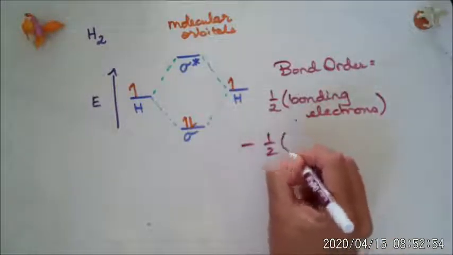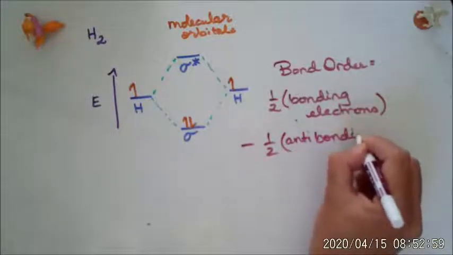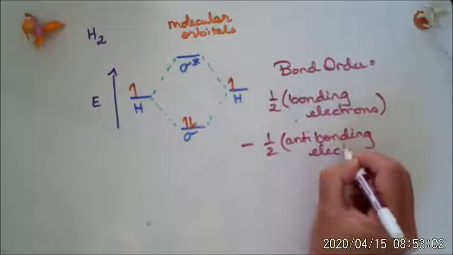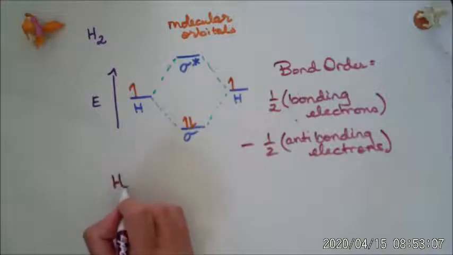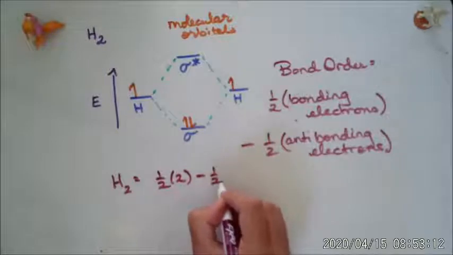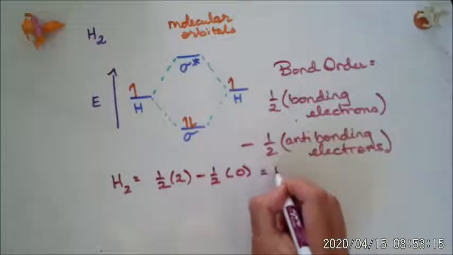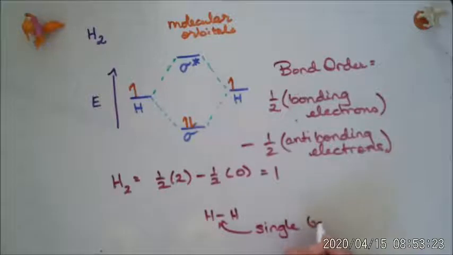Minus 1/2 anti-bonding electrons. Okay, so for hydrogen, it's going to be equal to 1/2 of 2 minus 1/2 of 0. It gives us a bond order of 1. So for hydrogen, this is a single bond. Okay, so far so good. All right, let's move on to helium.